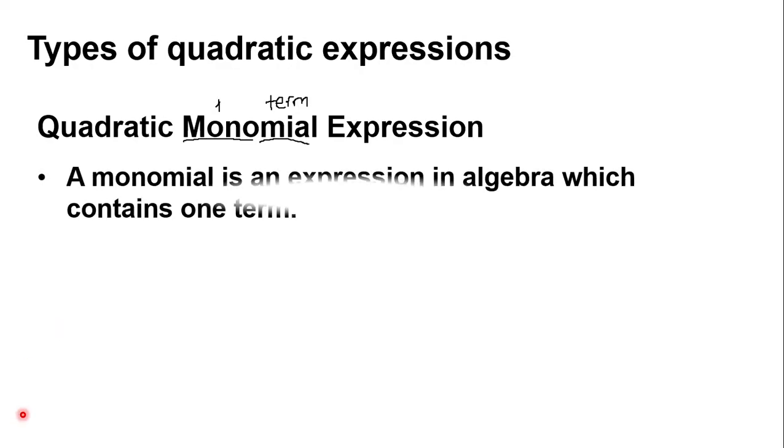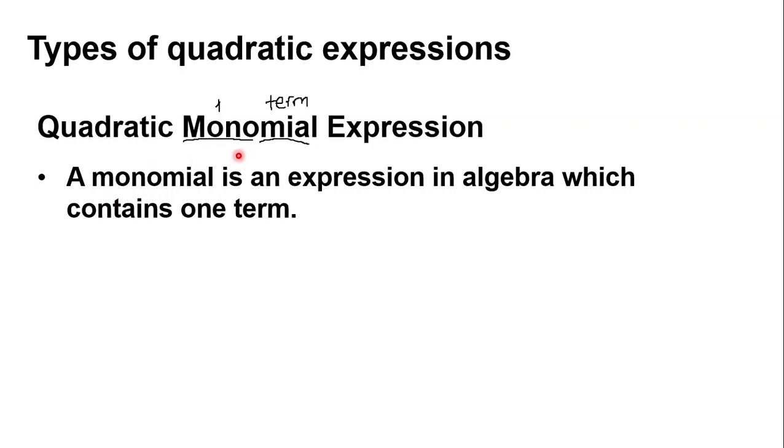And this last part here means term. Therefore, a quadratic monomial expression is an expression in algebra which contains one term.